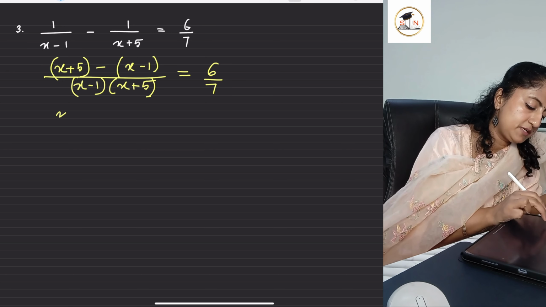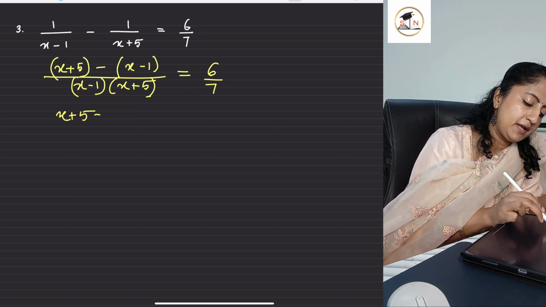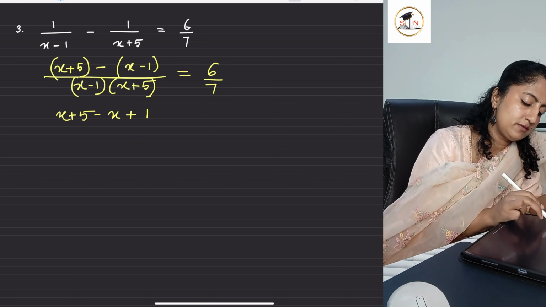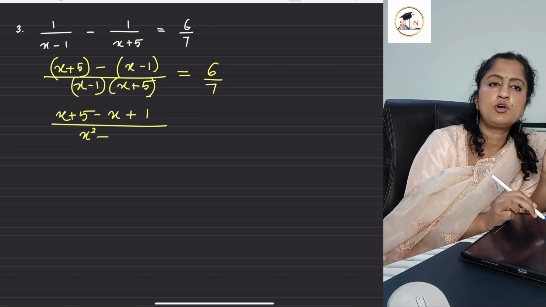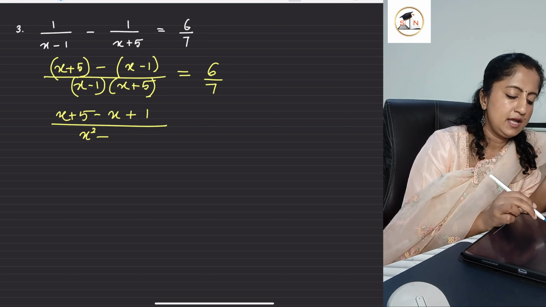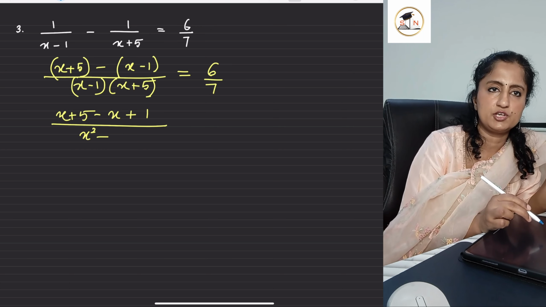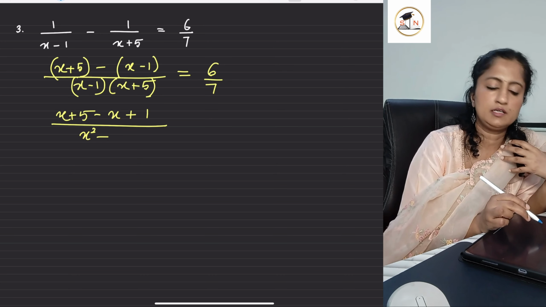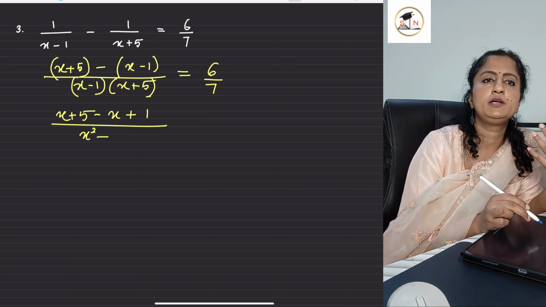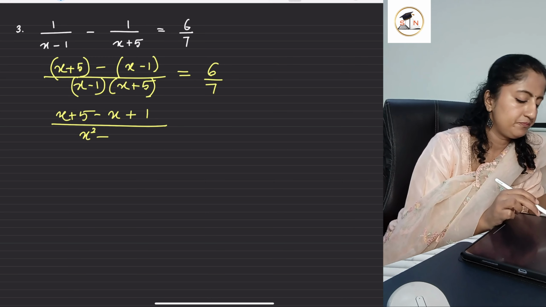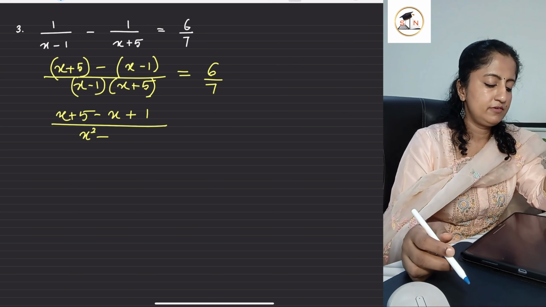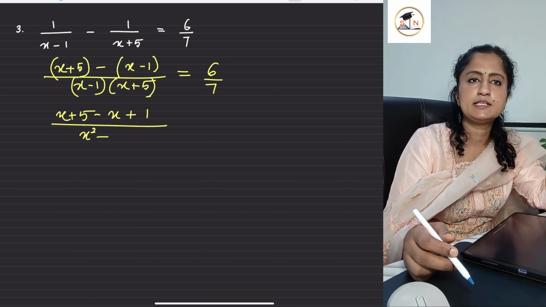So we get (x + 5)x - (x + 1)... over x squared. Now, I am not writing all the 4 terms, but I am writing directly after simplification, which I actually try to teach that you should be doing directly as well. So x times x gives us x squared. Then you will have 5x and minus 1x.